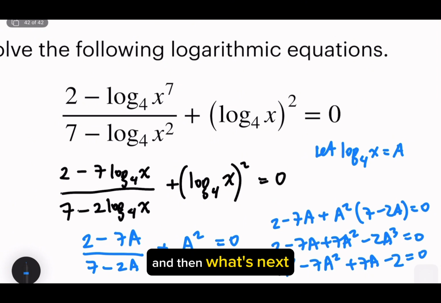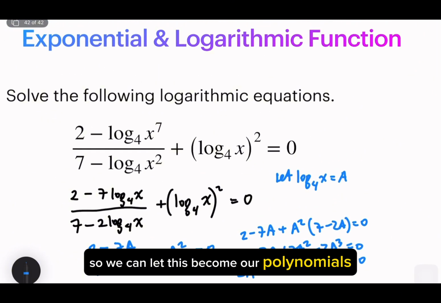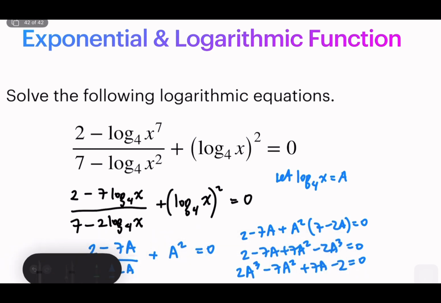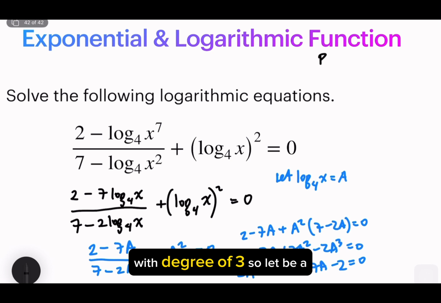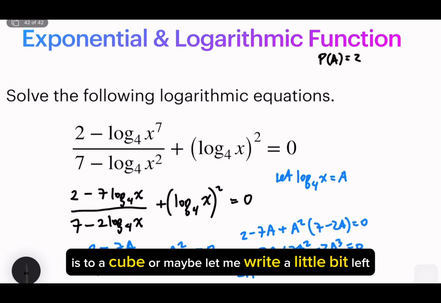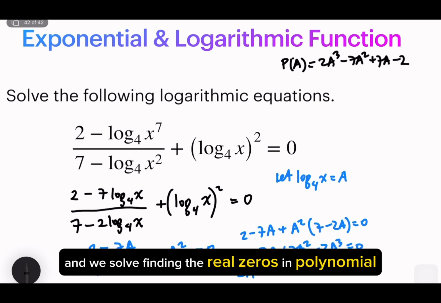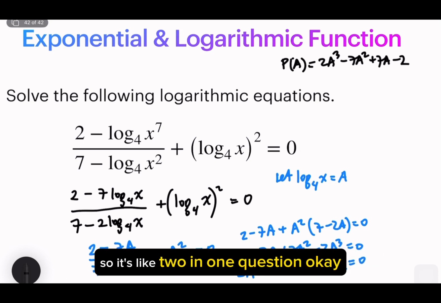And then what's next? We can let this become our polynomial with degree of 3. Then we solve by finding the real zeros of the polynomial. So it's like a 2-in-1 question.